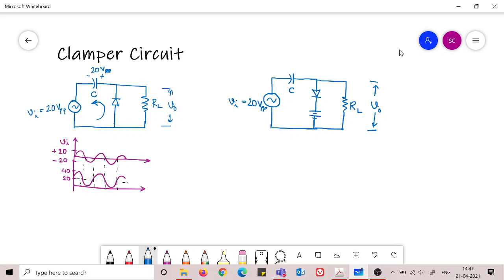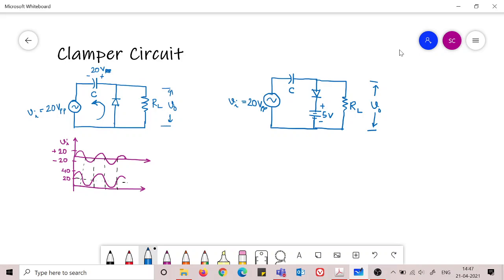So let us again take this particular 20 volt peak to peak, and perhaps this is, suppose, 5 volt. Then what would happen in this case? As you can understand, the diode will be forward biased only when this voltage has exceeded 5 volt for the first time. For the very first time, of course, there is no voltage across the capacitance.